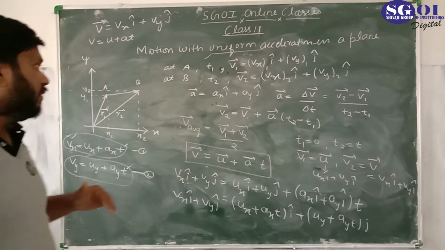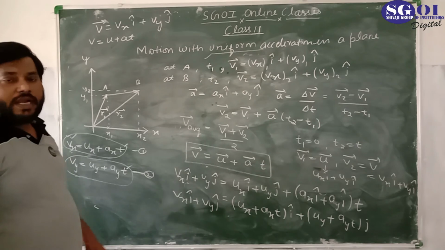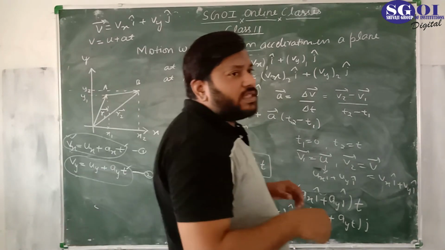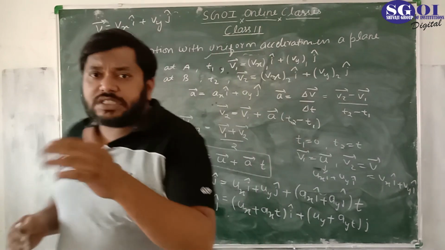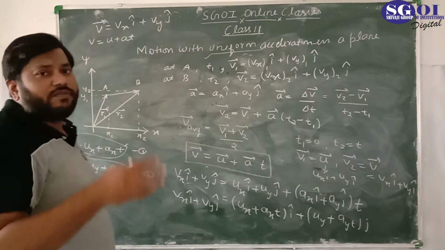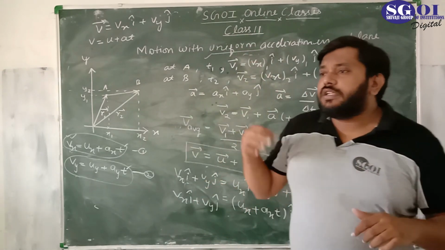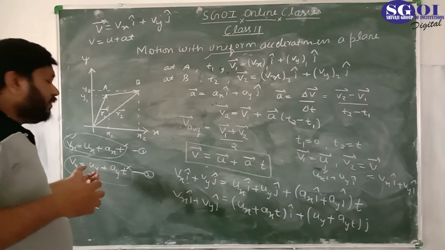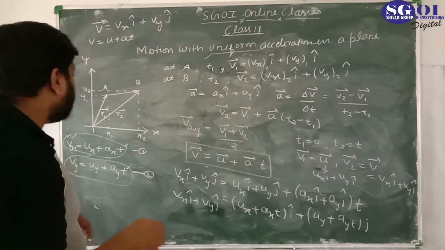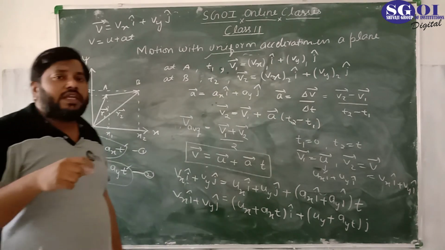So time would be the same. It means when the object reaches a point, the distance traveled in one dimension and the distance traveled in the other dimension are covered in the same time. We can say the object reaches in the same time when it travels in a plane.